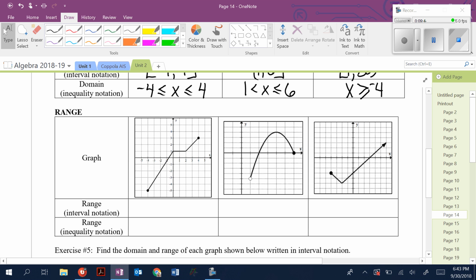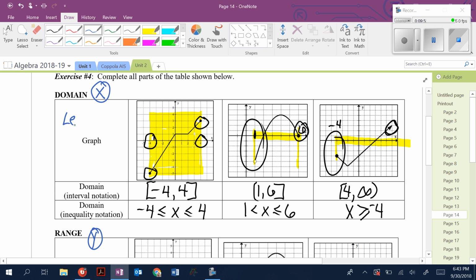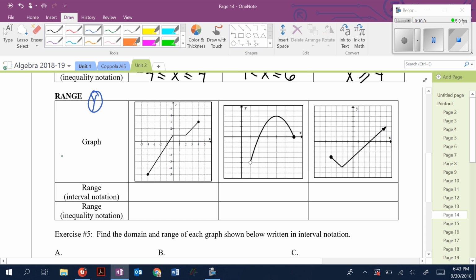All right, range. You got it. We're going to do the y values, which means we're not going to go from left to right anymore. We are going to go low to high. Remember, we're dealing with y's now. So how low can the graph go to how high can the graph go? I think this is it.